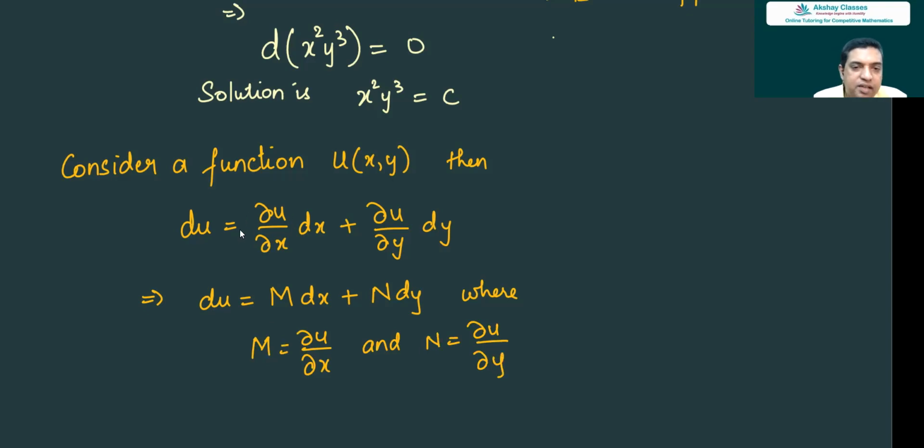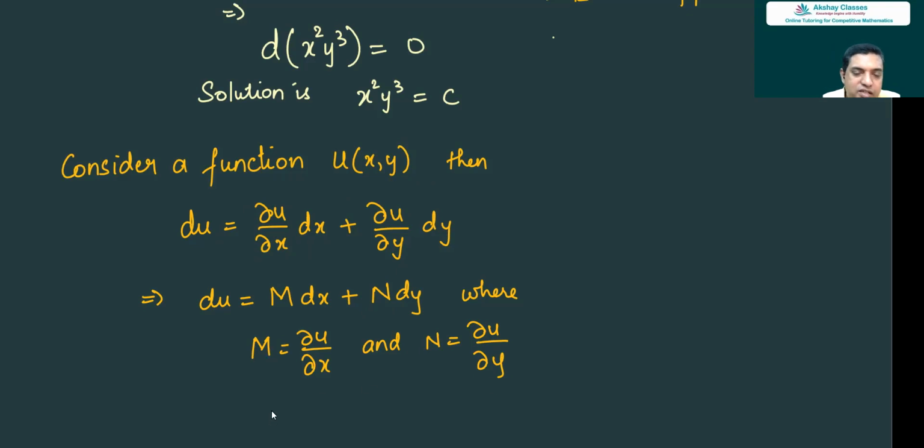Okay, so we have considered a function u of x comma y. When we take the differential of u, the total differential is dou u by dou x times dx plus dou u by dou y times dy. So we replace this with m and this with n.